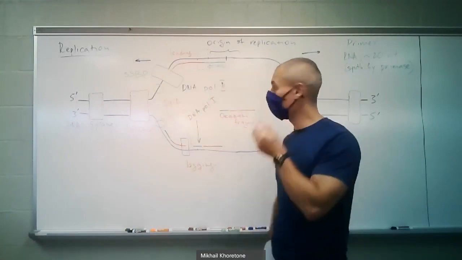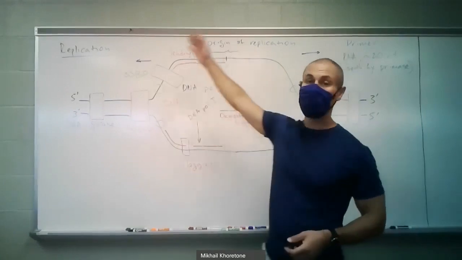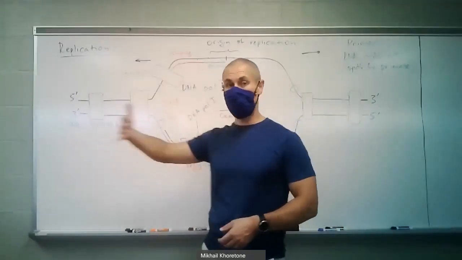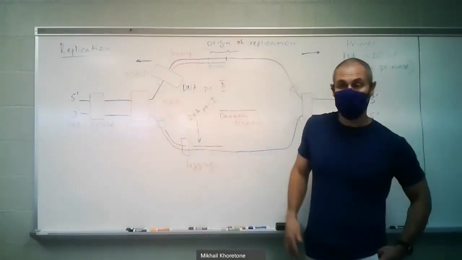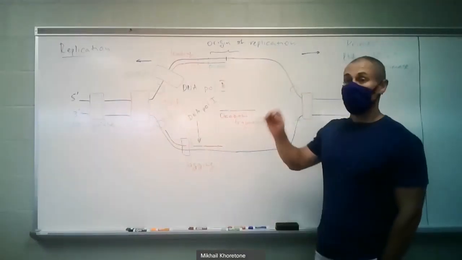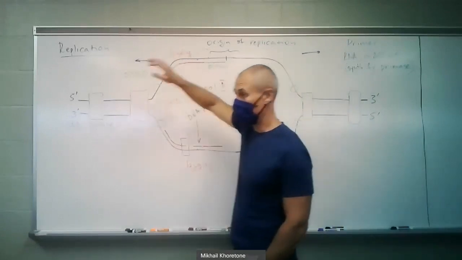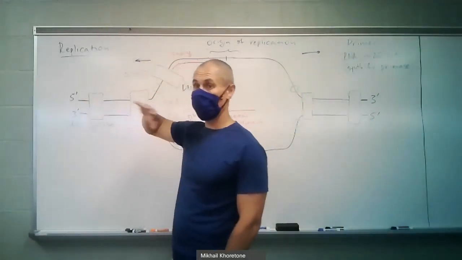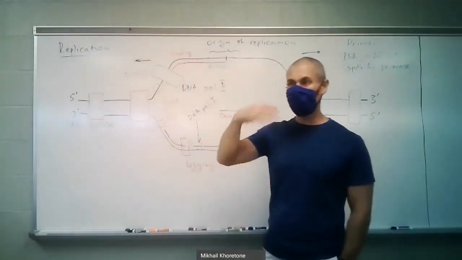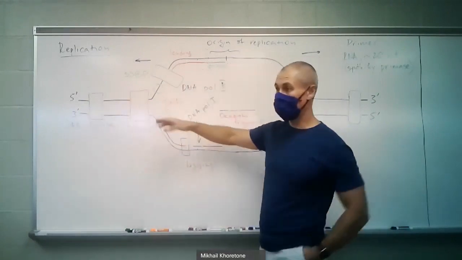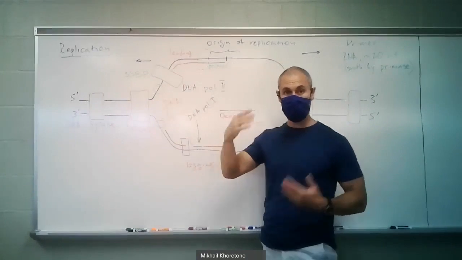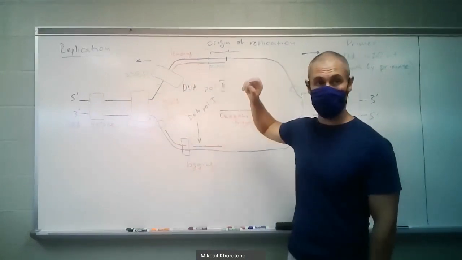Okay, so let's give it a run, in a smooth manner, and we'll chat about one last feature, and then we'll talk about mutations. So DNA gyrase prevents supercoiling of the DNA molecule. Helicase separates two strands, and separation starts at the origin of replication.